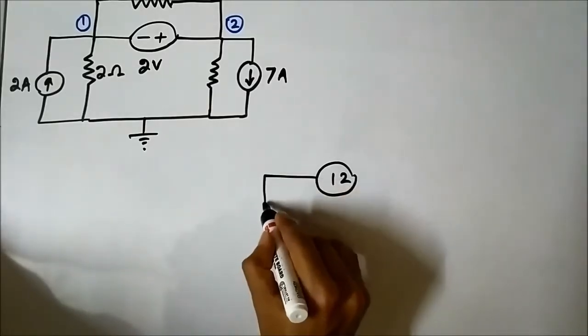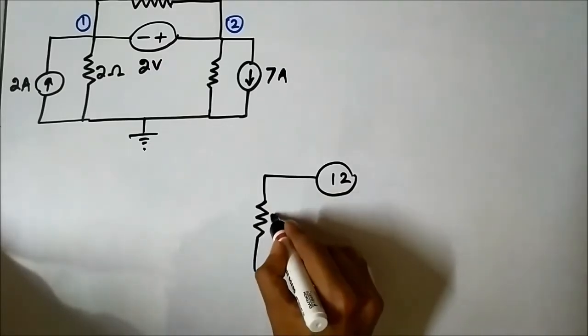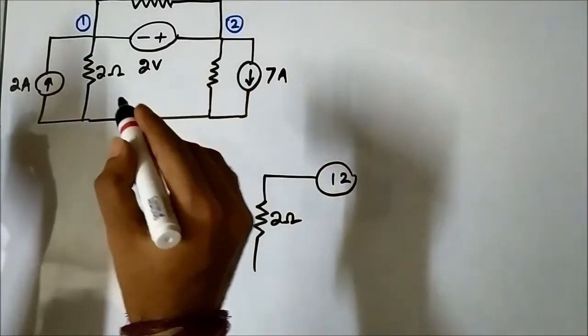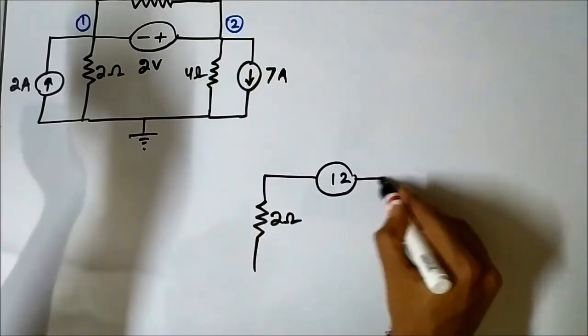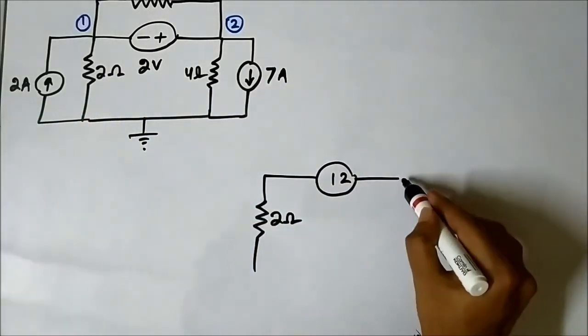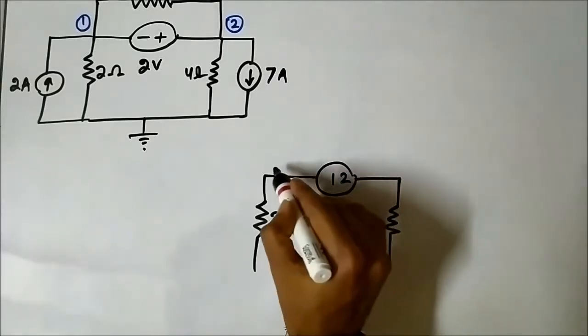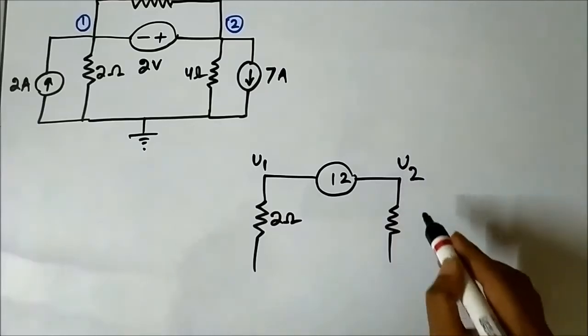Here we have a resistor 2 ohm, and here the resistance value is 4 ohm. I had missed it, here it is 4 ohm. This is just for a simpler understanding. The voltage here is V1, the voltage here is V2.